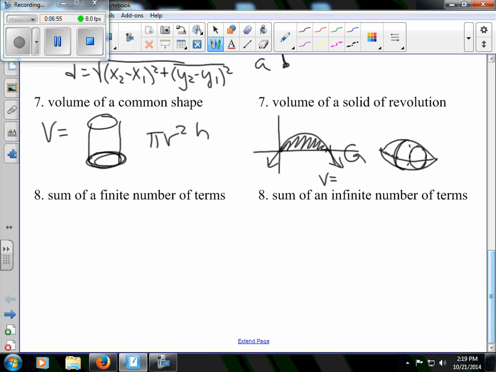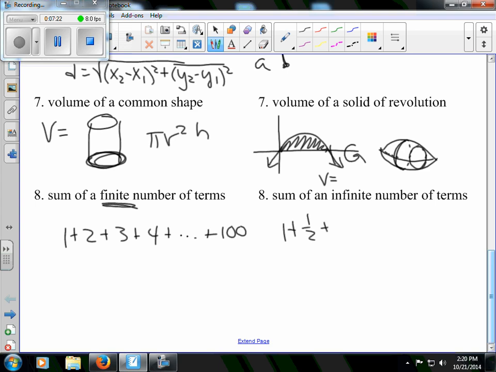Finally, I can tell you a finite number of things to add up. So you could add up 1 plus 2 plus 3 plus 4 all the way out to 100. You could do that addition if you wanted, and you could add that up nicely. However, one thing that you'll do in calculus is I'll ask you to add up infinitely many numbers.